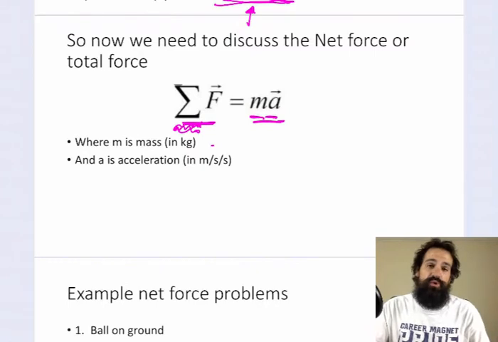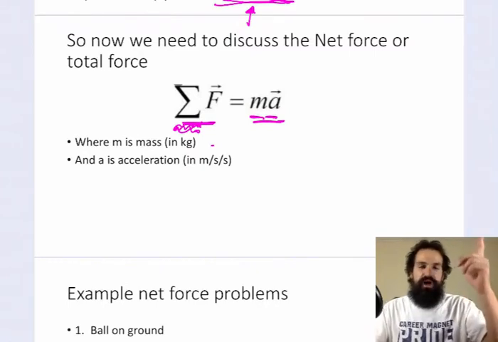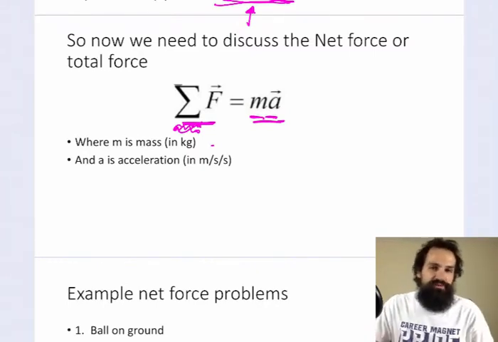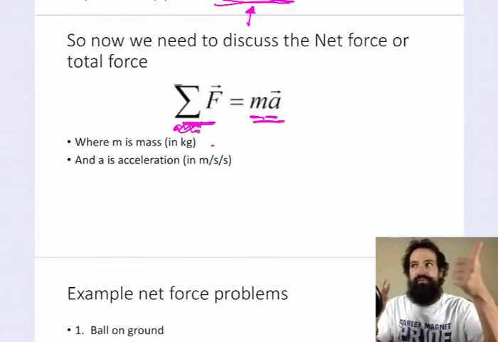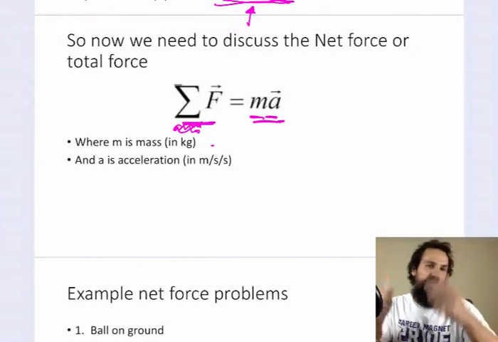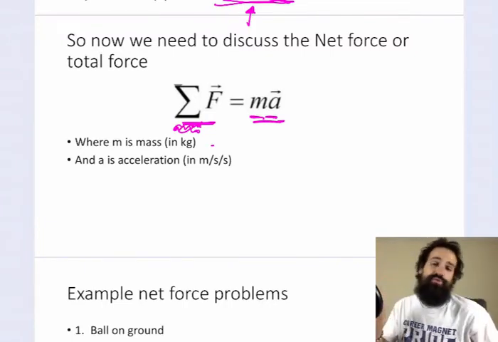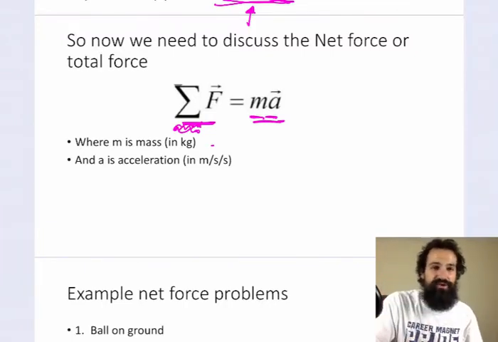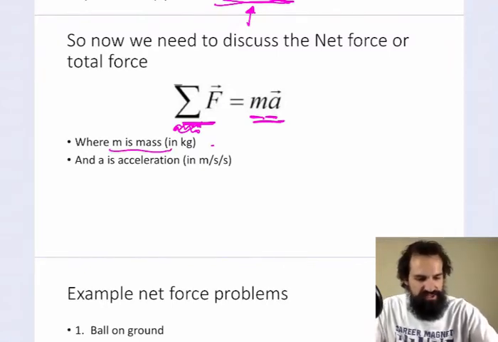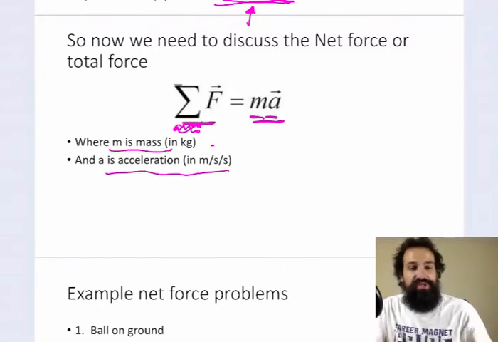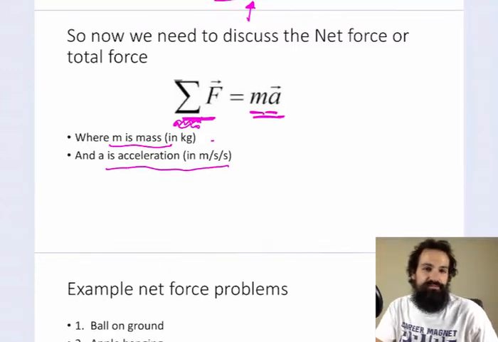And this is where we're really going to use up as positive and down as negative and add them together. Fn minus Fg equals ma. And we'll work through a couple practice problems with that together. And again, m is mass in kilograms and a is acceleration in meters per second per second.